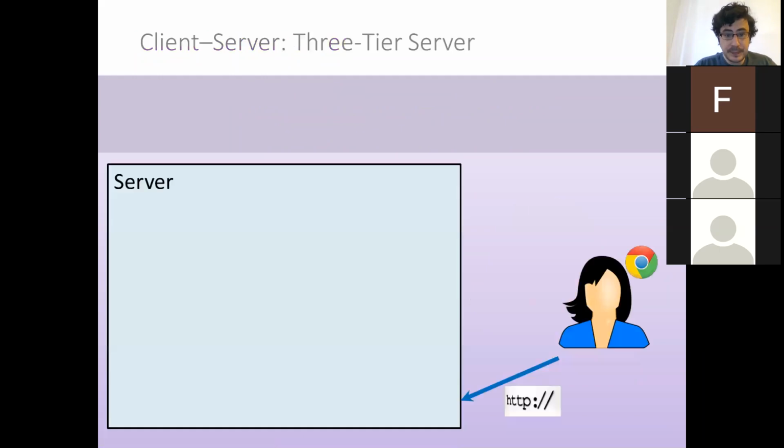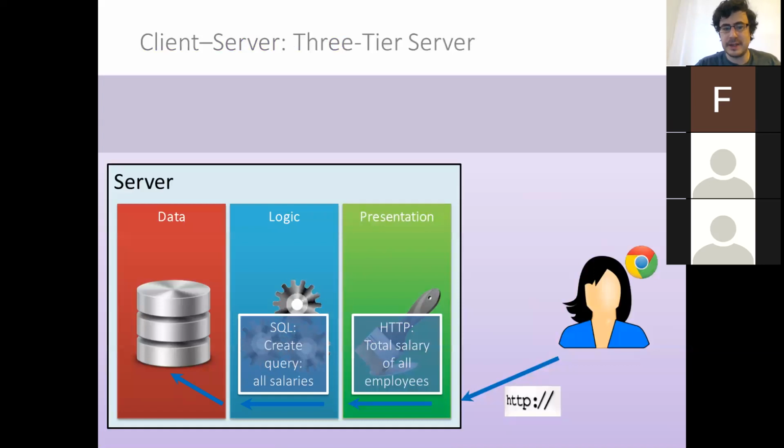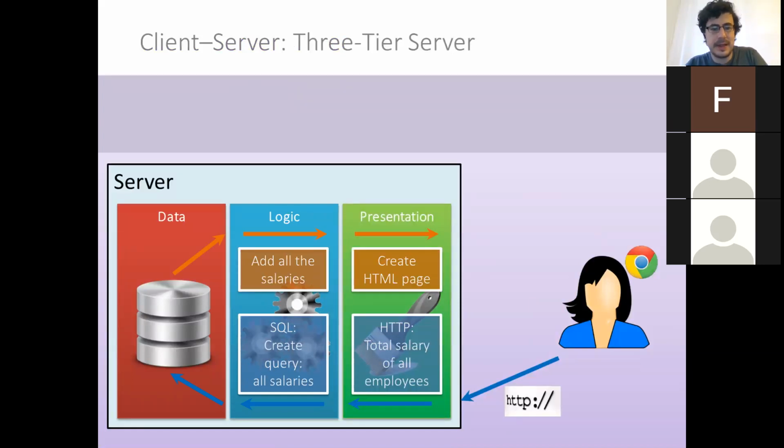Just to emphasize that, you may have heard of a 3-tier server before. Essentially the idea is that we have 3 tiers in the implementation of a typical web server or web application.